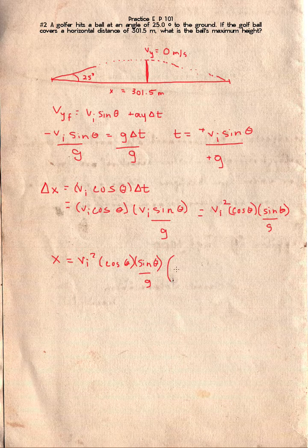Let's multiply both sides by g over 1. That's my reciprocal, so that can cancel. But now I've got gx equals vi squared cosine theta times sine theta.